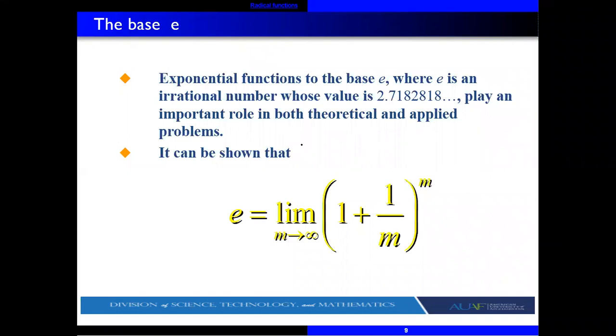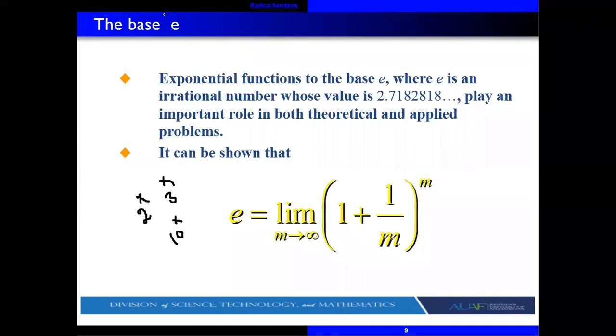Okay, base e exponential function. First was the general exponential function. In the general exponential function, the base is a number like 2 power 3, 2 power x, or 3 power x, or 10 power x.